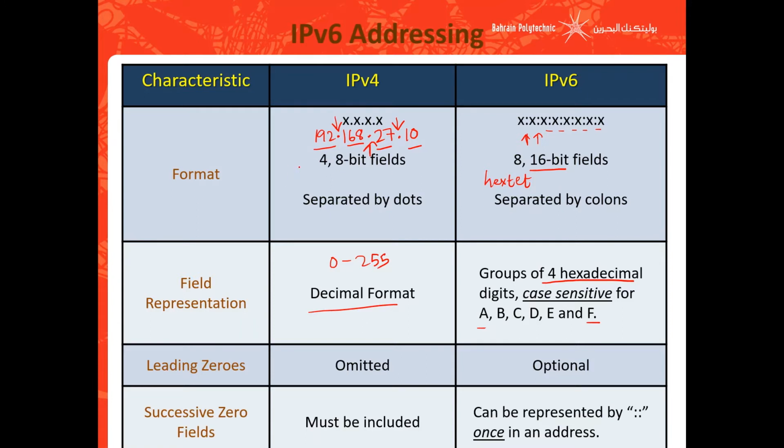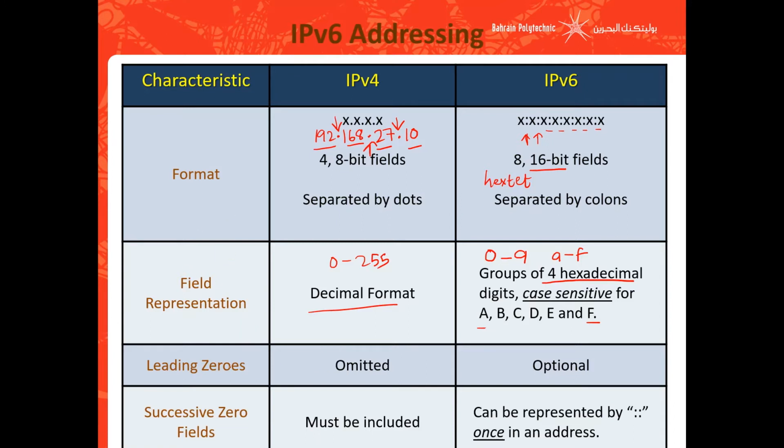It just means you will have numbers from 0 to 9 and A to F. Those are the possible numbers you can have, and you will see how to write all of that. Don't worry about it.